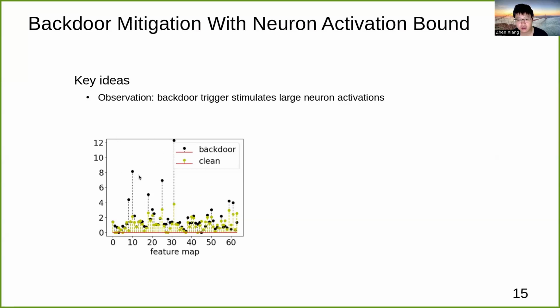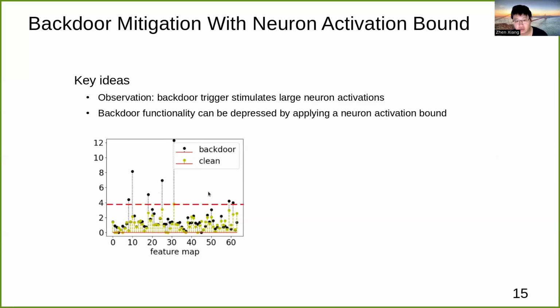The black dots are the neural activation values for a backdoor model, and the yellow dots are the neural activations for benign models. So this directly leads to a mitigation approach, which is to set an upper bound on the neural activation, which will constrain the neural activation for those backdoor examples.